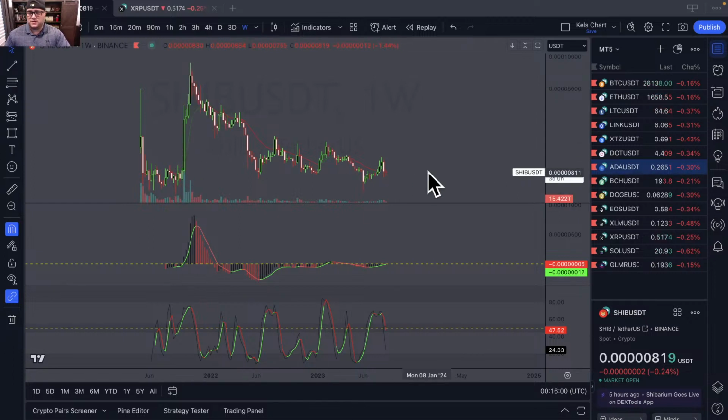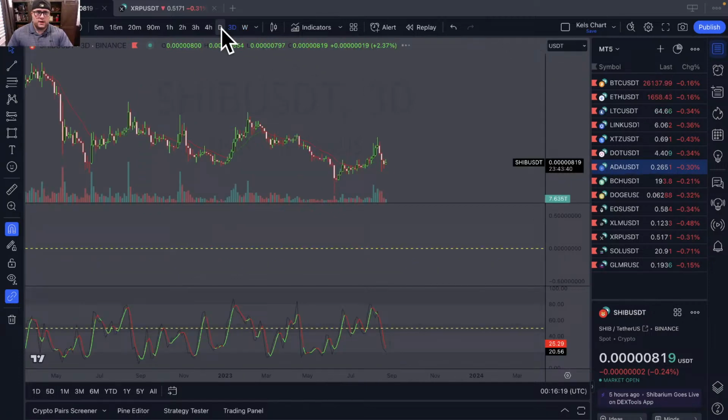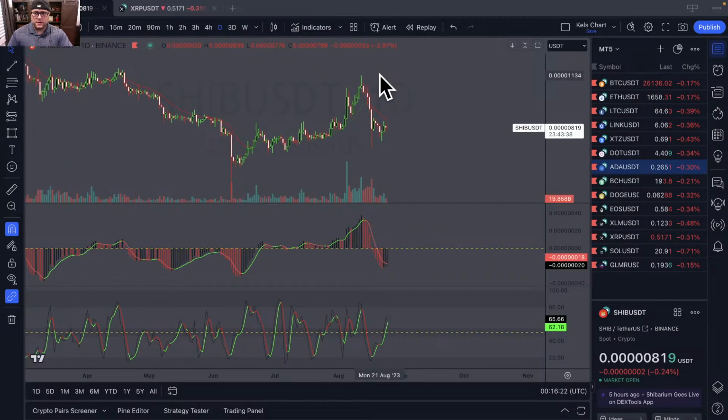And look at it, retraced 100%. Anytime you see this type of movement, this is not organic. This is organic right here. This is not organic. If you do get into this pump and you get into it early, take your profits. There's no reason to try to hold on and ride it out. That's how people lose all their money.